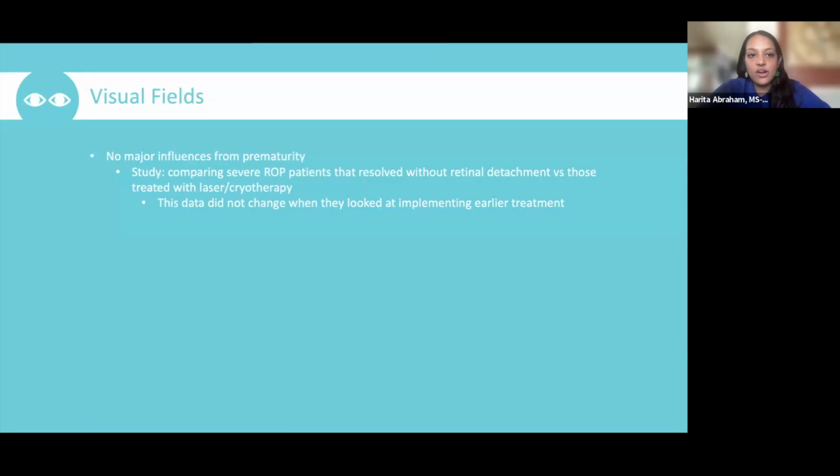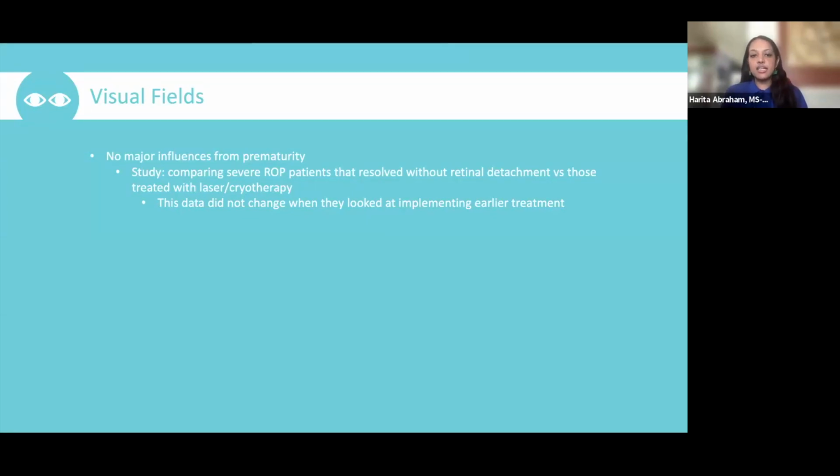So next, the article talked about visual fields. Again, visual fields are when I am standing still, my head is still, my eyes are still, and it's what I'm able to see in my periphery. Interestingly enough, in this literature review, the author determined, after all the things that he researched and investigated, that there wasn't enough evidence to support major influences of prematurity on visual fields.